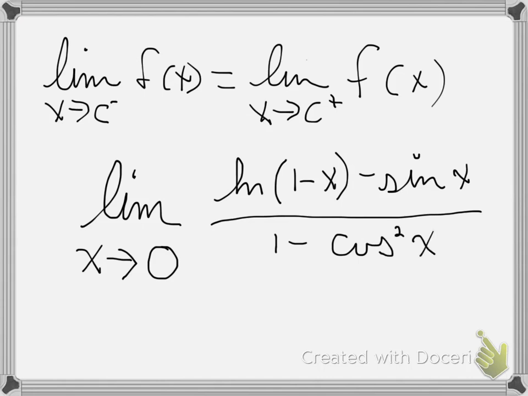Okay. Now, if we let x equal 0, we get the natural log of 1, which is 0, minus the sine of 0, which is 0, over 1 minus the cosine of 0 squared. Well, that's 1. Again, we get 0 over 0. That tells us nothing.